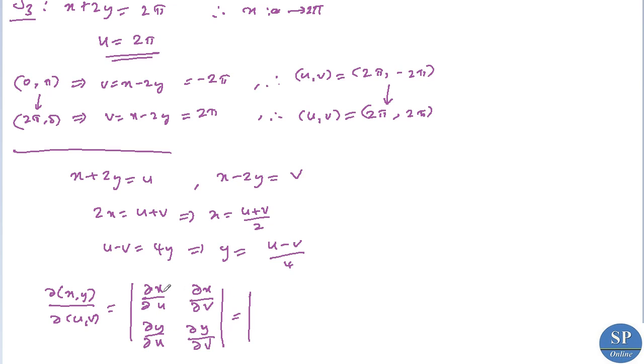So from this we have dou x by dou u is 1 by 2, dou x by dou v is also 1 by 2, dou y by dou u is 1 by 4, and dou y by dou v is minus 1 by 4. So finding the determinant, we get minus 1 by 8 minus 1 by 8, that is minus 2 by 8, that is minus 1 by 4. So this is the Jacobian determinant.